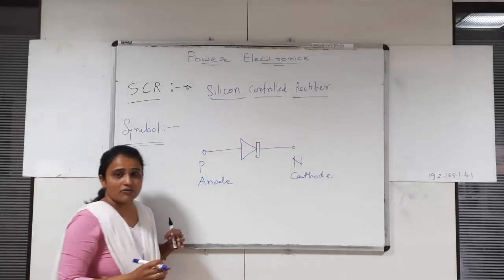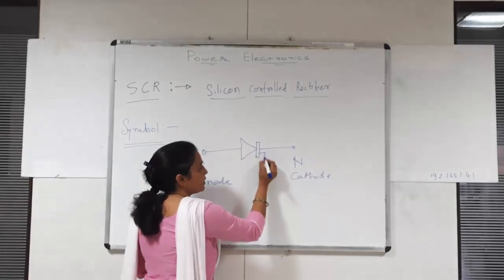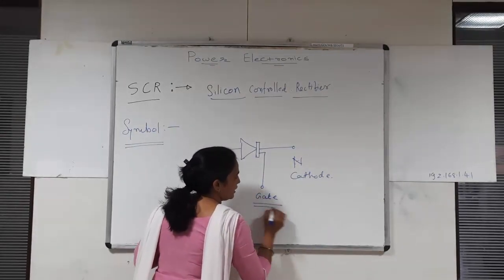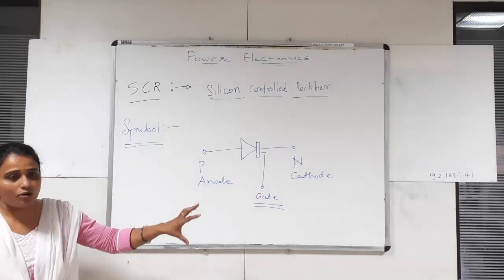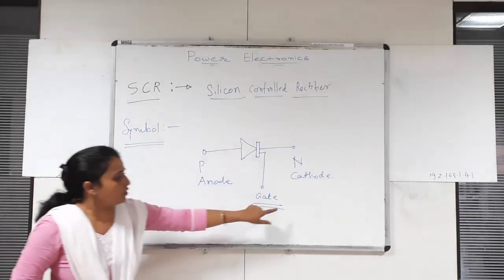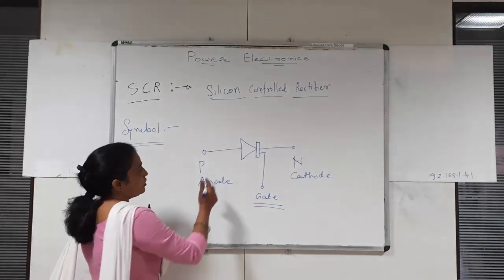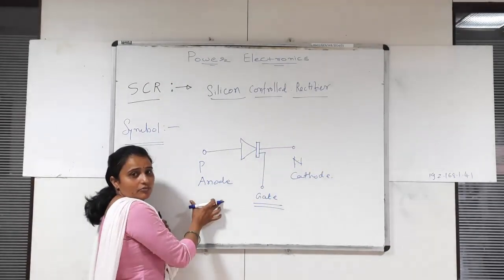Now the difference between the SCR symbol and the PN diode is only that a third terminal is inserted, that is known as the gate terminal. So the basic difference between the PN diode and the SCR is only this third terminal, the gate terminal.